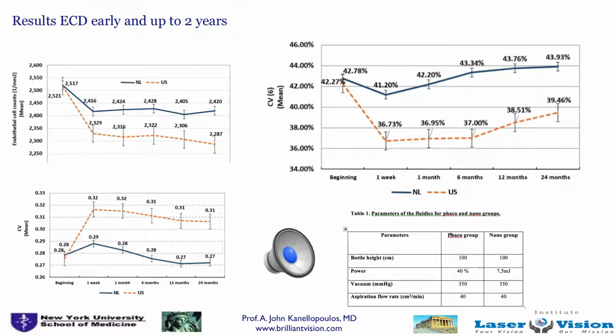Again, solid blue line is the nanosecond laser group, and the dotted orange line is the phacoemulsification group. Also to note in the bottom table is that the same parameters for bottle height and vacuum, as well as aspiration, were used during the procedure for both groups, in order to have similar parameters for both groups.